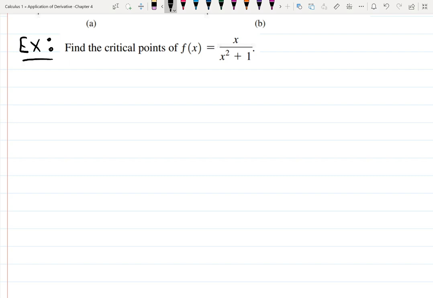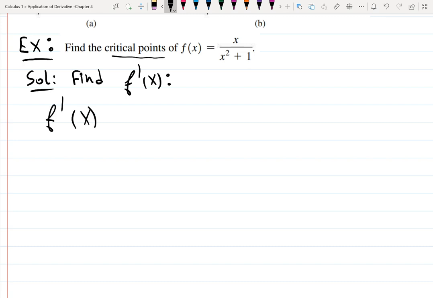Let's find critical points. Okay, to find critical points, now I know what to do. I will be finding the derivative. Find f prime of x. From now on, finding critical points will be a synonym of finding the derivative. That's what I will be mentioning from time to time.